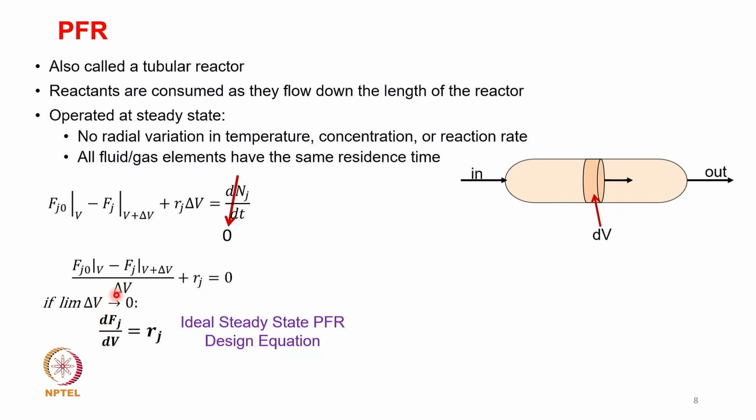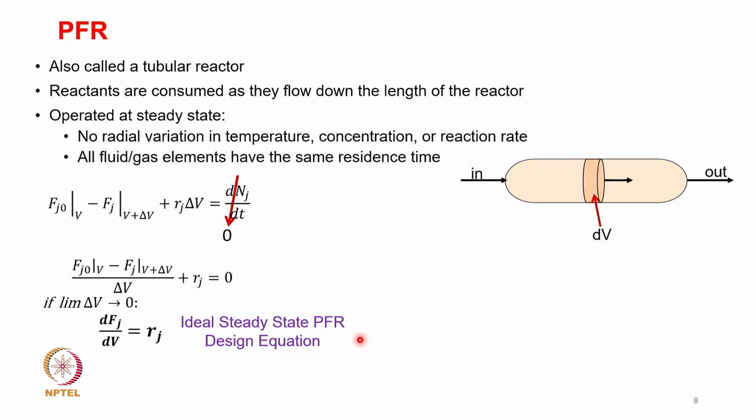When we start applying the limits, this particular term would be written as dFj by dV, in fact minus dFj by dV, because it is V plus delta V, and when we take your Rj to that side it will be minus Rj, and when we balance the signs, it would be dFj by dV equals Rj. So this is the ideal steady state PFR design equation.